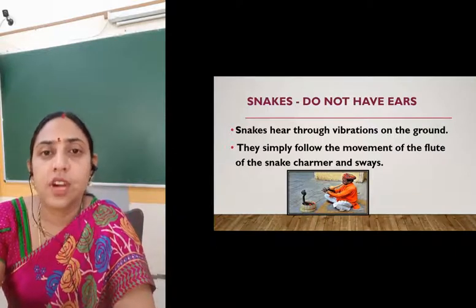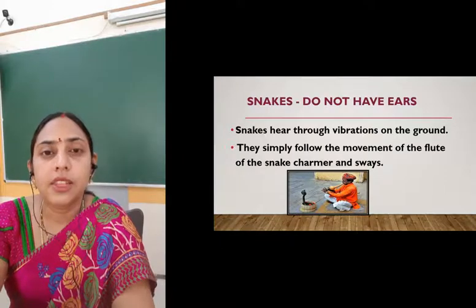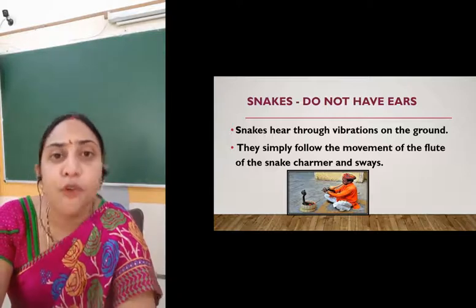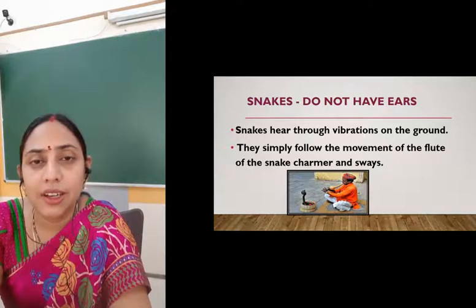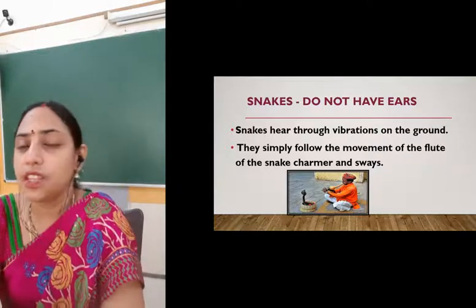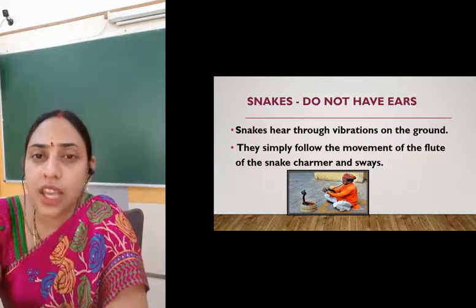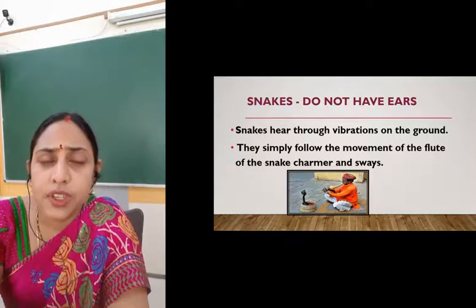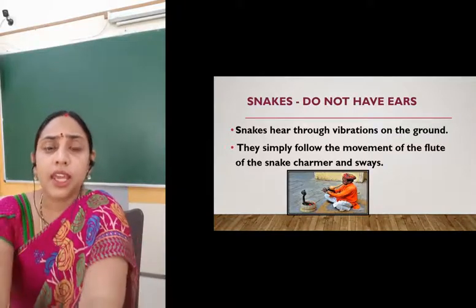When the snake charmers move their bean, the snakes just follow their bean and move themselves according to it. So we think that they are listening to the music and dancing. That is a very wrong conception. Snakes do not have ears, they move just observing the bean of the snake charmers.